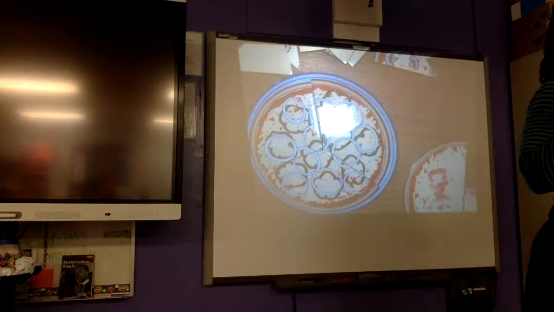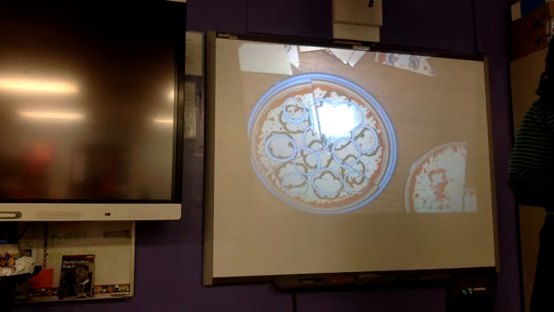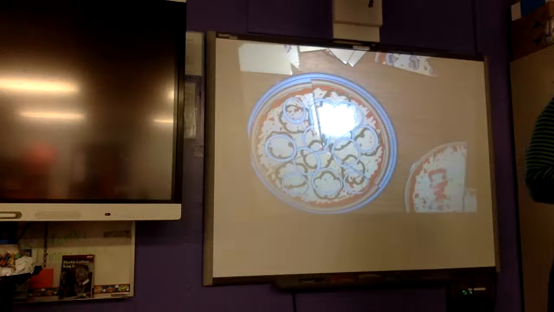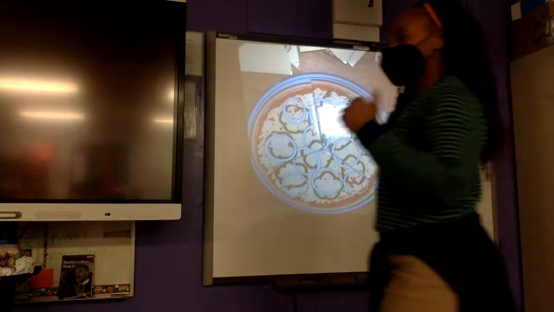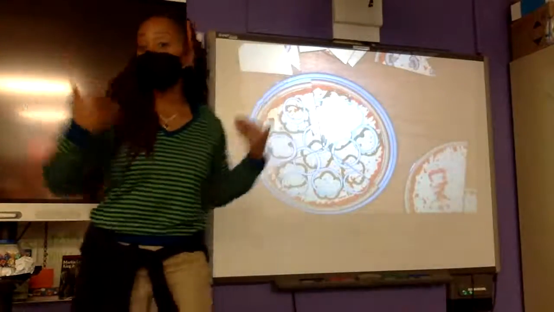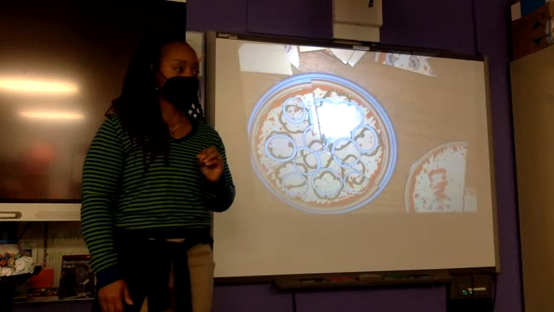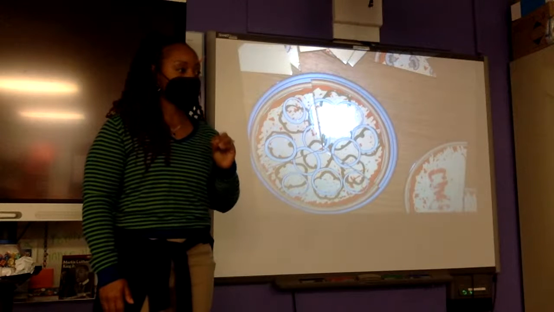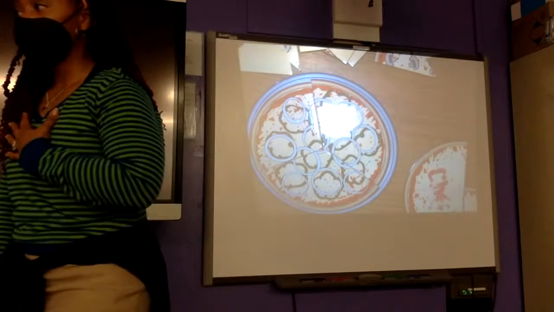Show me, by placing your orange on top of your red, what fraction of the pizza Miss C ate. Okay, now listen, here's what I said. Charlie and Drake went to go wash their hands, and Miss C ate 2 slices of the pizza. What fraction of the pizza did Miss C eat?